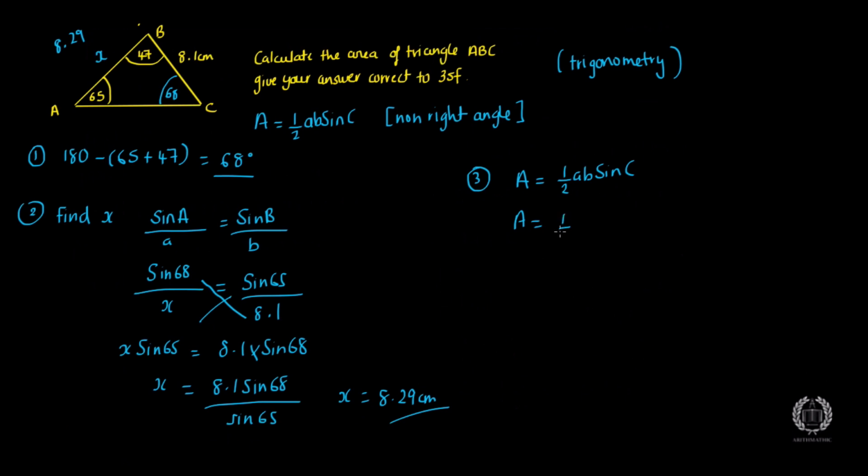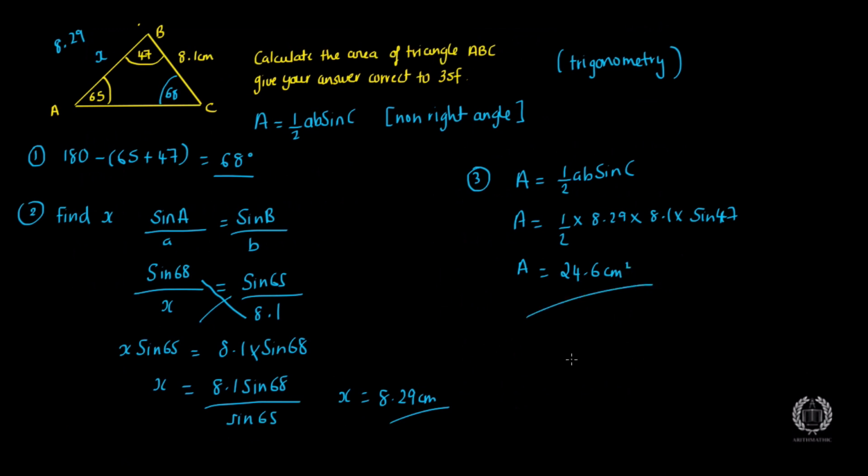The final step is half times 8.29 times 8.1 times sine 47. So the area is 0.5 times 8.29 times 8.1 times sine 47, and that should give you 24.6 centimeters squared to 3 SF.